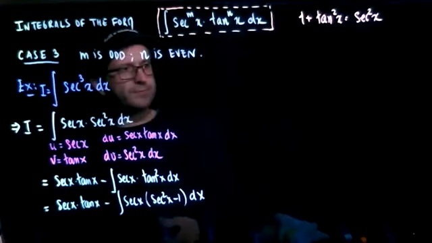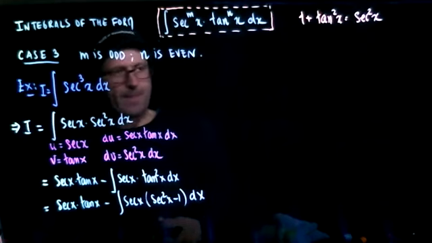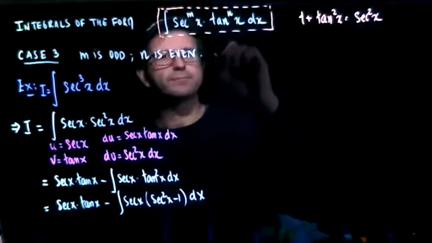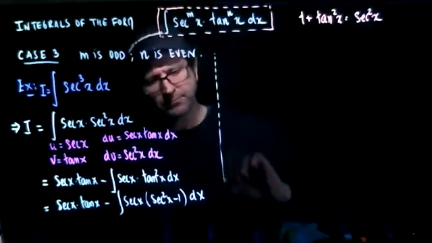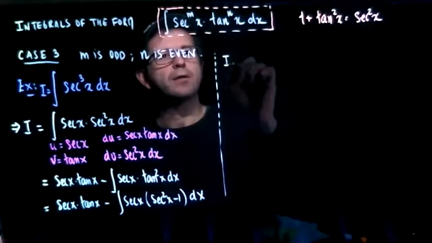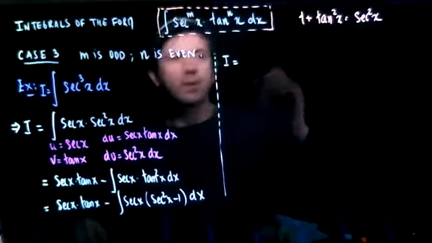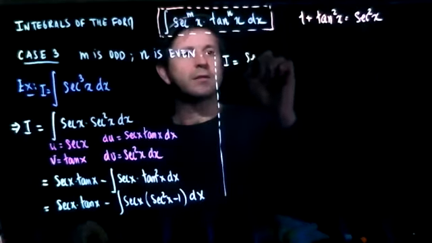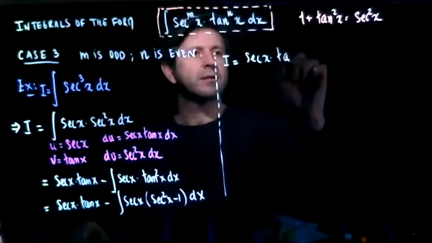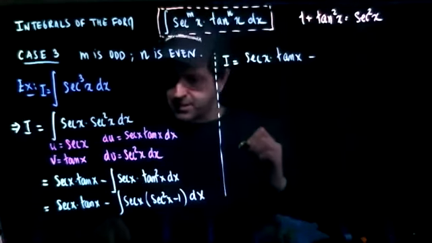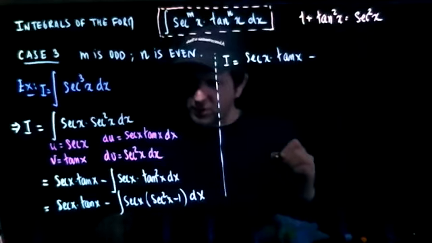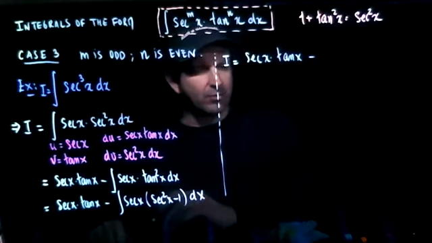So until here, we okay? Let's continue up here. So I is equal to secant x tangent x minus, and here I'm going to multiply everything inside on the bottom.